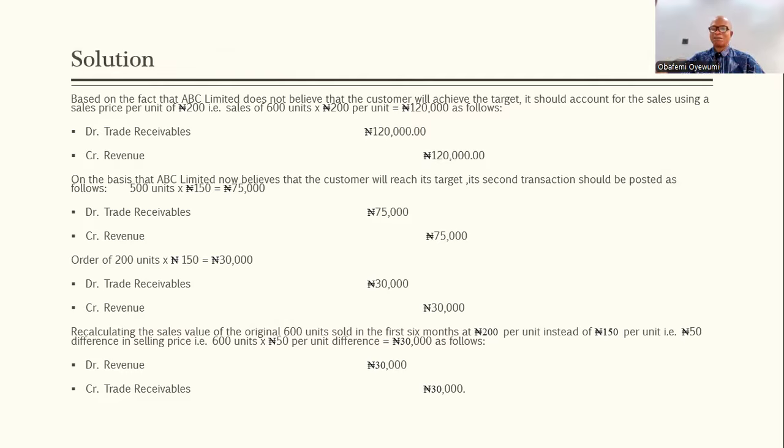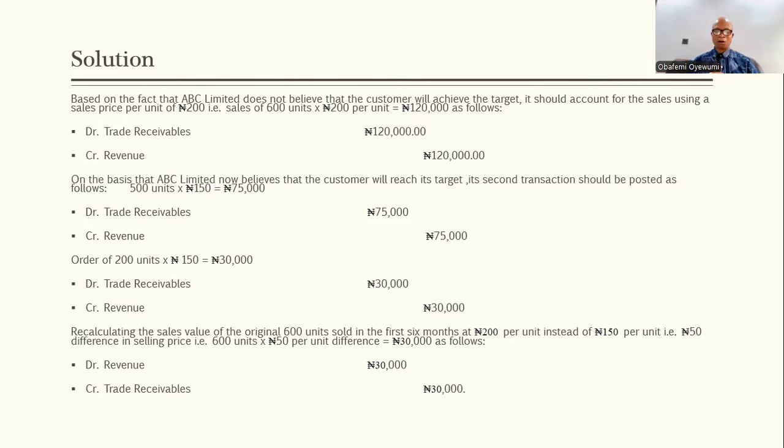It must be refunded. The accounts must be adjusted to reflect the 150 naira per unit, because XYZ has been able to satisfy the conditions of the contract.